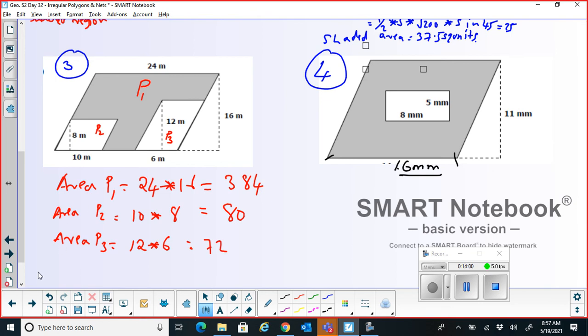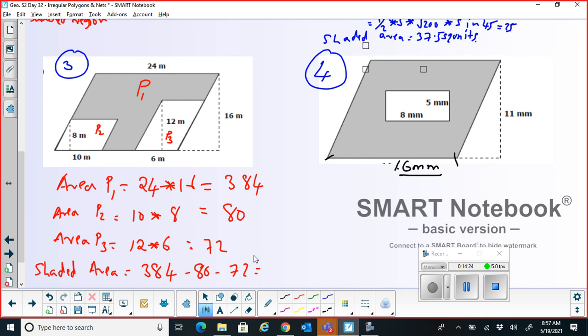Now the shaded area is nothing but area of P1, 384, minus area of P2 and minus area of P3.